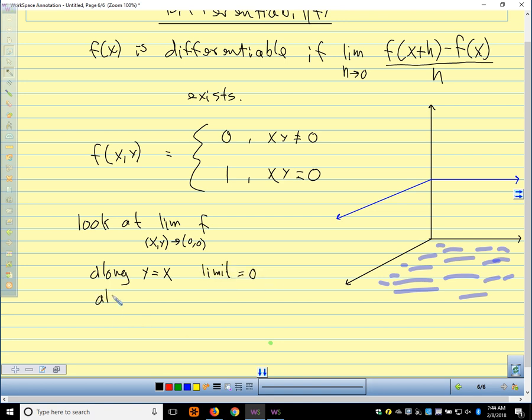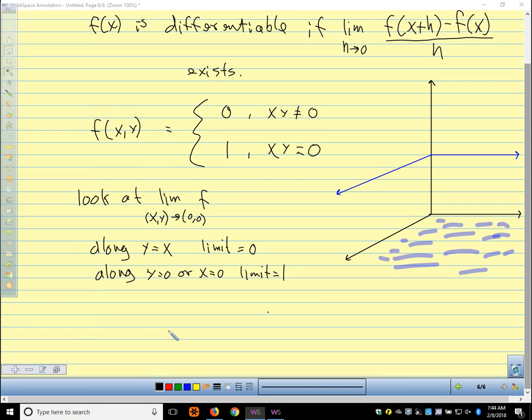Along y equals 0 or x equals 0, what's our limit? 1. So our function at (0, 0) is not continuous. And in fact, it's not going to be continuous along the axes. So our function is not continuous at (0, 0).